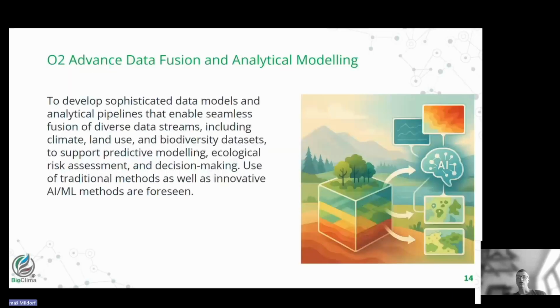The second objective is advanced data fusion. So it's the analytical modeling, data fusion, and using AI. So experimenting how AI can help us to improve our forecasts, what will happen in the future, and so on.